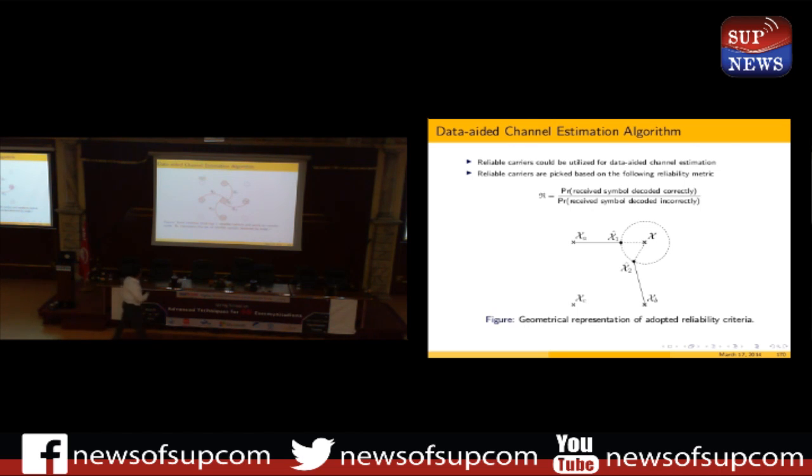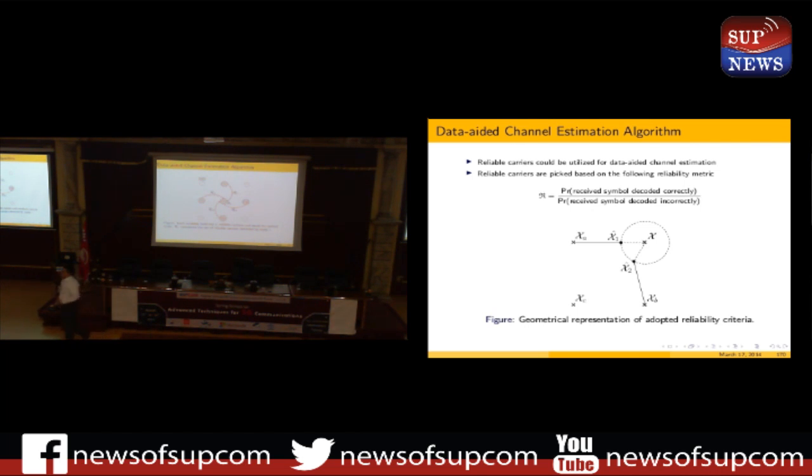Each antenna will calculate which carriers are reliable. And they will feed the indices of the reliable carriers to the central location. So they will, for example, feed back the 15 most reliable carriers.